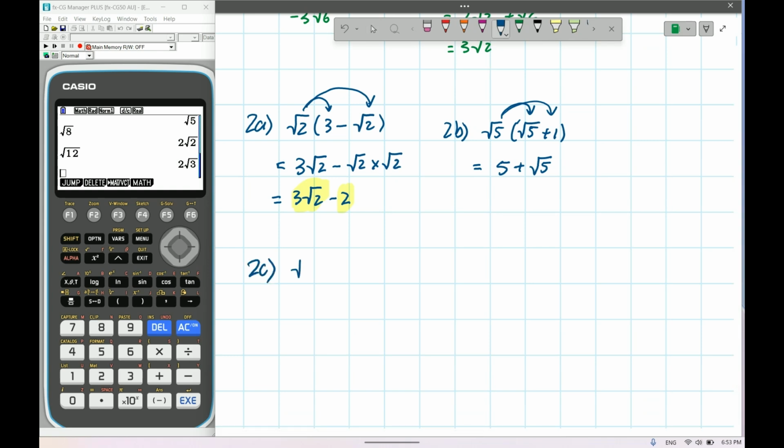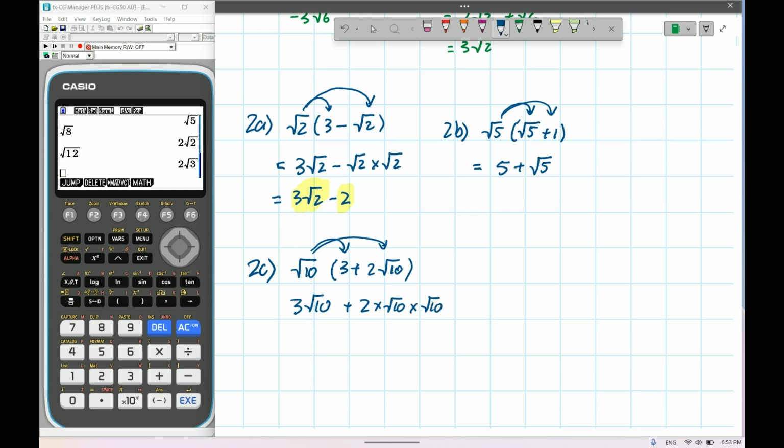2c. So you got root 10 bracket 3 plus 2 root 10. So once again, multiplying it out. So you get 3 root 10 plus, now I'll write this part out in its entirety.